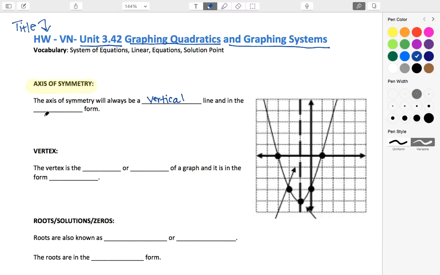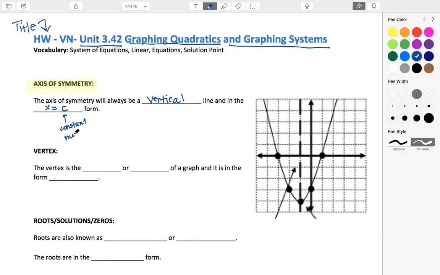As you're writing your notes, make sure you write axis of symmetry, have this statement right next to it, and then draw this diagram and this parabola as well, because you're going to annotate this in your notes. So the axis of symmetry will always be a vertical line, in the x equals c form, and c would represent a constant number.